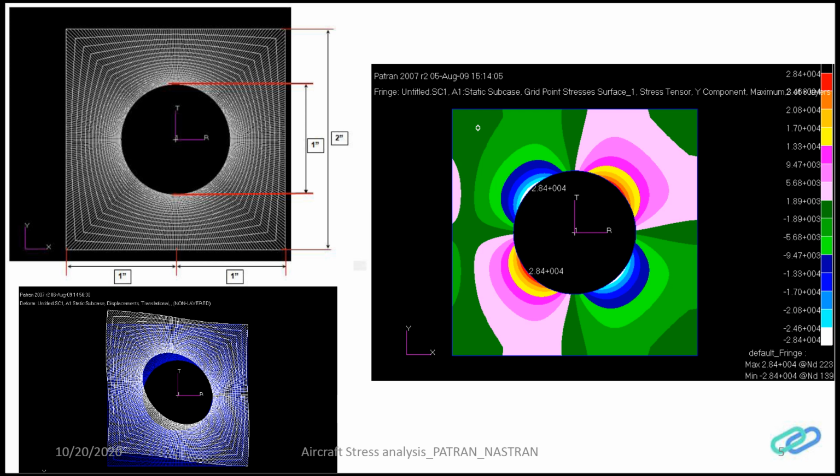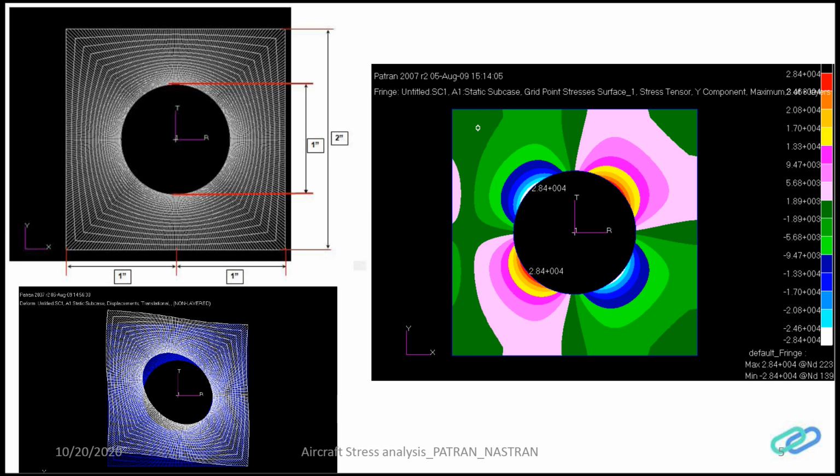The client asked me to execute this project for various different E by D and W by D ratios of the plate with the hole problem and with pin loading. Imagine this is an aircraft wing panel or aircraft fuselage panel, and this hole is the bolt hole or rivet hole, and there is a shear loading coming through the pin, and I want to study the effect of this shear loading that is being transferred from the pin to the plate.